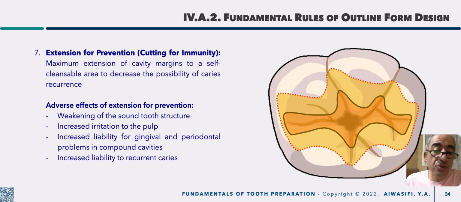Then when you apply this concept of extension for prevention, you are already irritating the pulp. If you are working in class 2, there is a greater chance of irritating the gingival and periodontal structures. In addition, you are increasing the surface area of your margin that will be attacked by dental caries again. And all of these are against the concept of biological and mechanical principles, because you are weakening the tooth structure and the restoration.